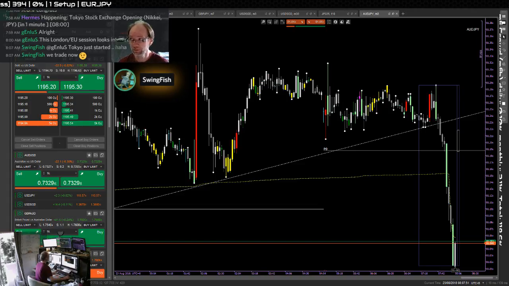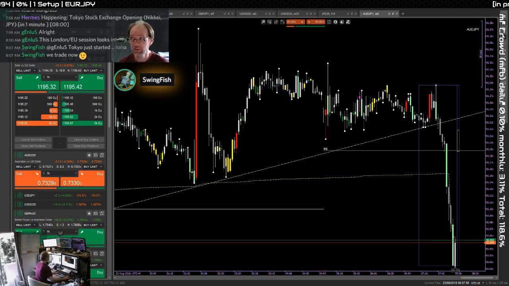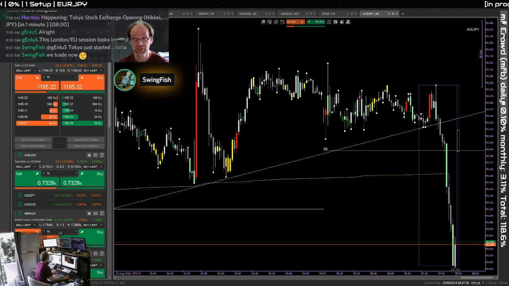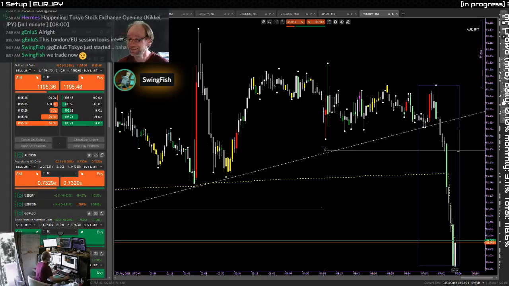Averaging -7. Oh, I hate it. The Nikkei is still going up. Let's just pray to whatever gods we have that the Nikkei doesn't drop. That's gonna be very expensive if it does.